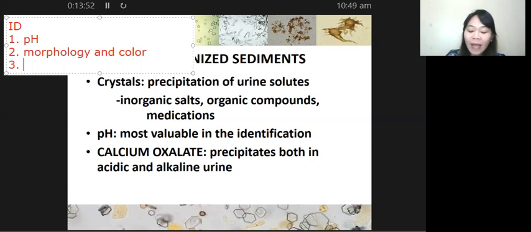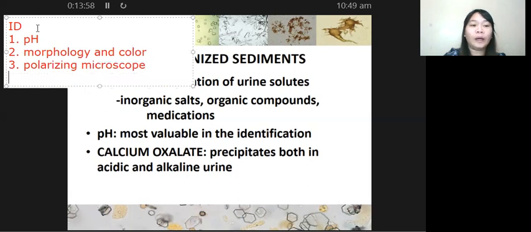Okay, another, we have the use of your polarizing microscope. Okay? So, again, pag sinabi nating polarizing microscope, usually kasi, ang ina-associate natin sa polarizing microscope are, of course, your cholesterol, di ba? Cholesterol substance.